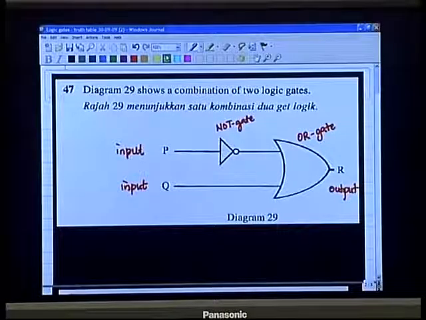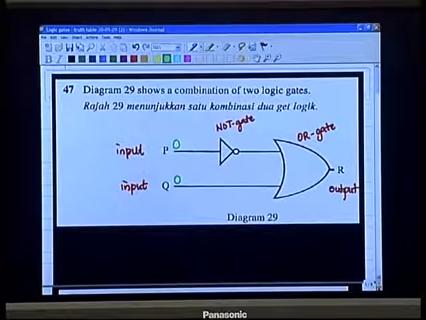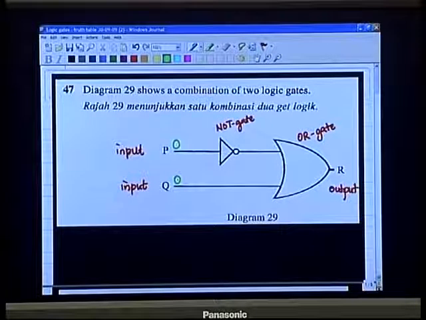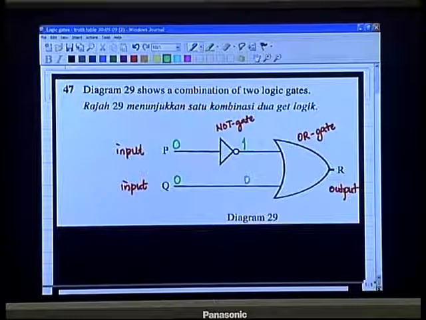What was it just now? 0, 0. P and Q 0. So I write down P and Q 0. Now, the input P is 0 going through a NOT gate. 0 going through a NOT gate becomes 1. And for Q, it is 0, so I write down 0 here.